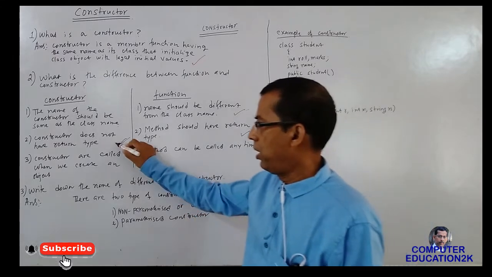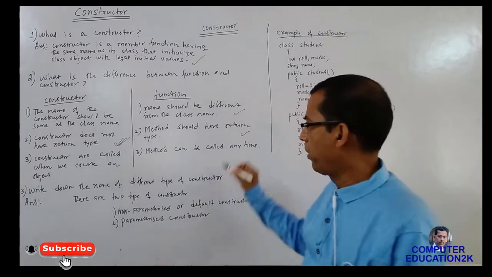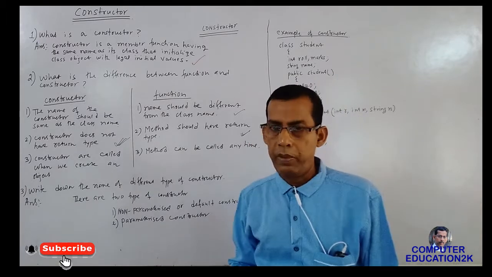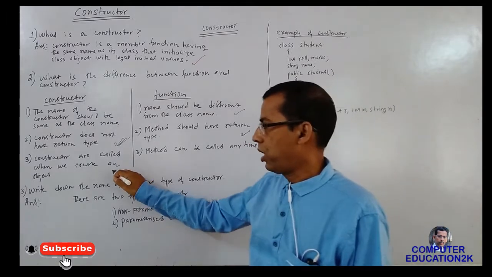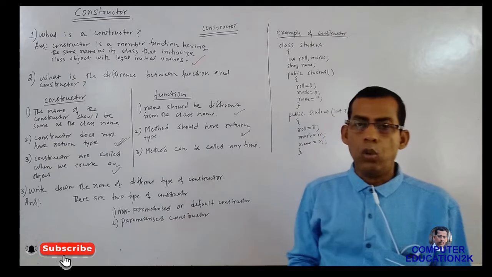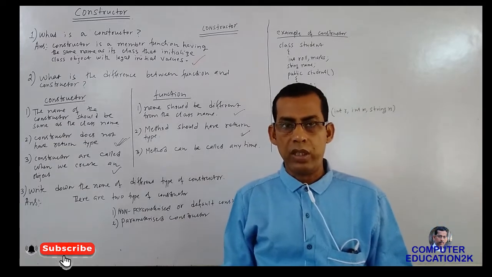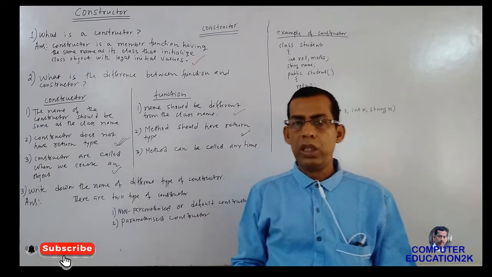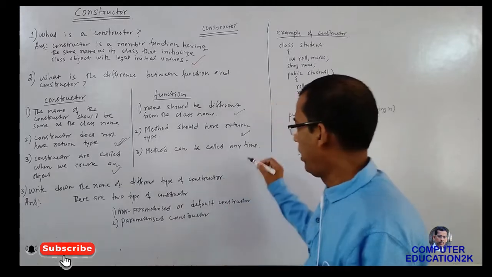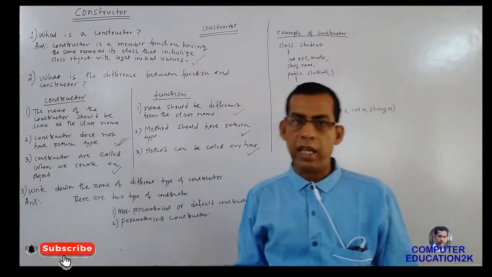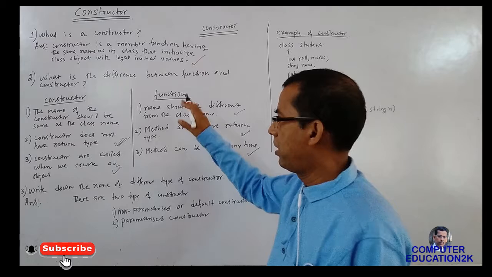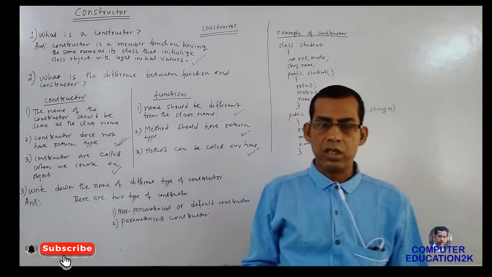So a constructor does not have a return type, but a function has a return type, and the constructor will be called when you create an object, but a function can be called anytime. This is the main difference between function and constructor.